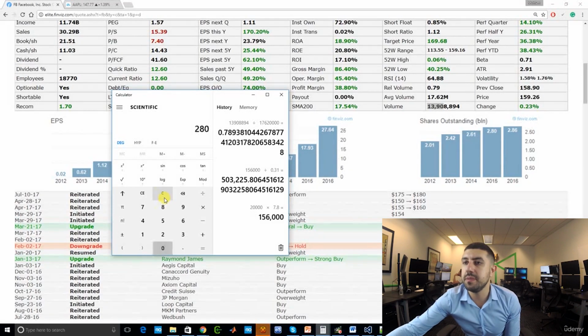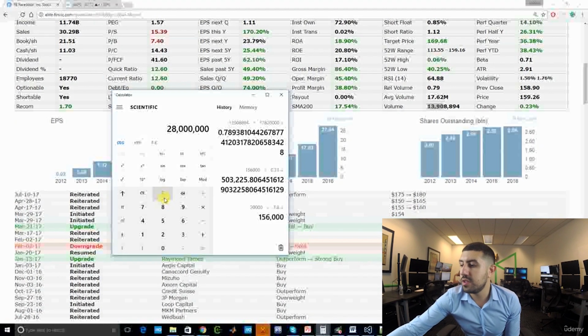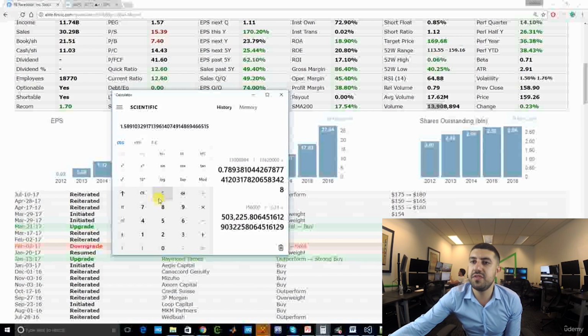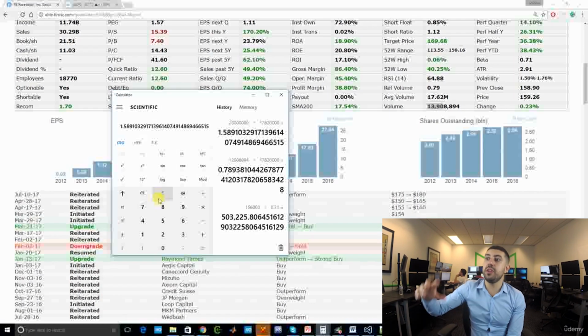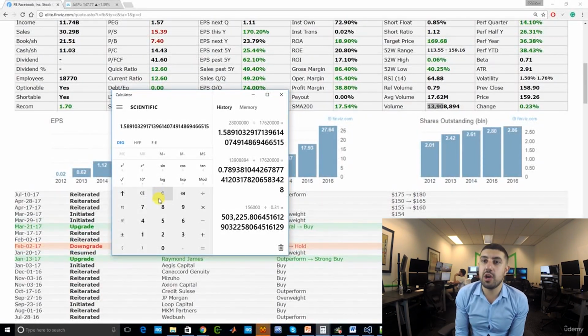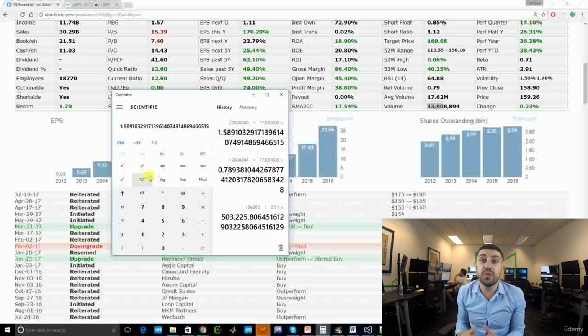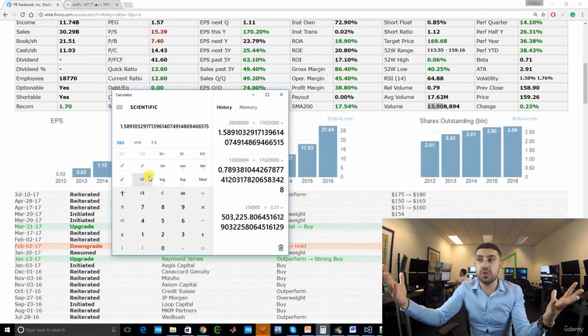So 28 million divided by its average volume, 17,620,000, gives you 1.6. That would mean that stock traded about 160% of what it usually trades, so roughly 60% more than what it usually trades.